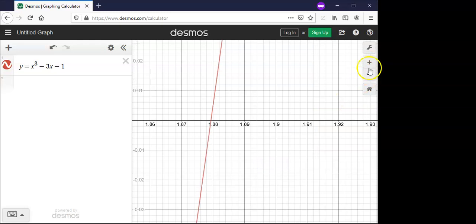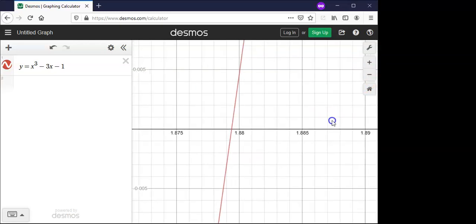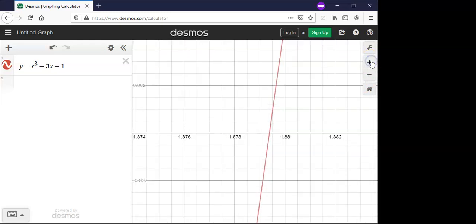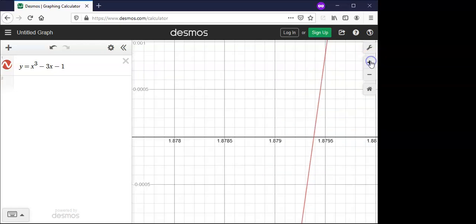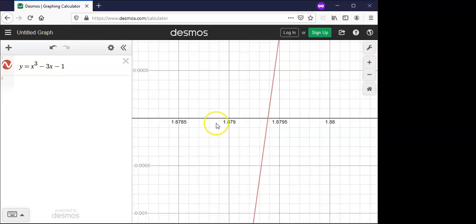Zoom in further. So 1.879, 1.7895 something. So I can estimate it as approximately 1.789.